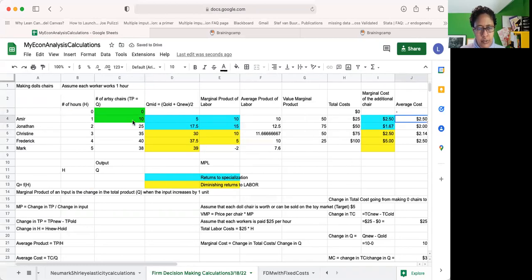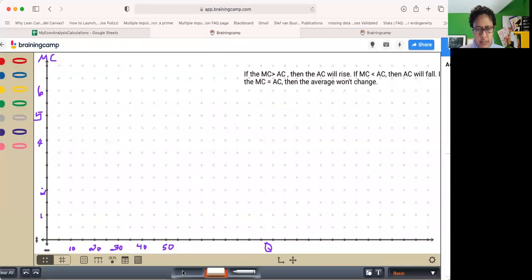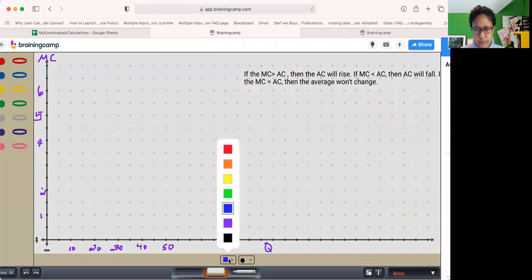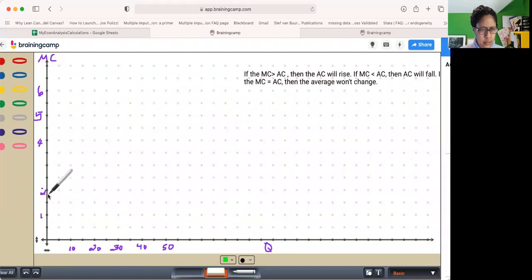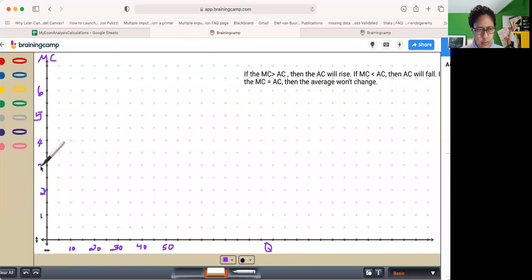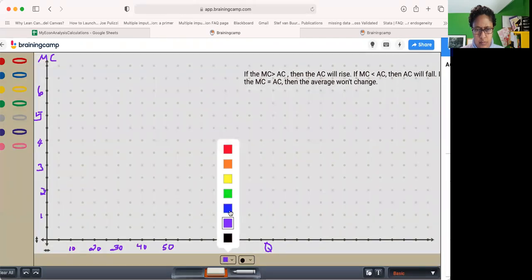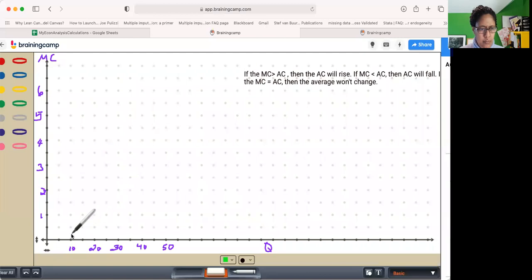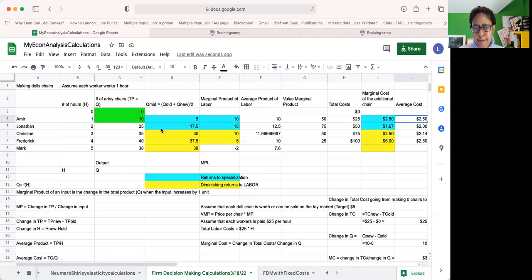All right. So here, at 10 cheers, our total cost is 25. 25 divided by 10 is 2.50. So I'm going to plot my 10 cheers against 2.50, and I'm going to use green for that. Got my Q of 10, I've got 2.50. Then my 25 against 2.